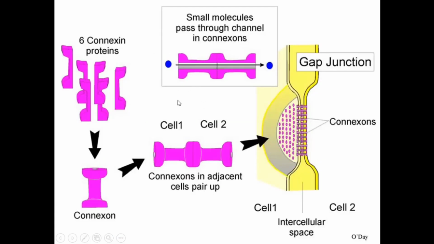Again, you can see in this picture 6 connexins assemble and make a dumbbell-shaped structure, the connexon, and 2 connexons from 2 cells align or pair up and make a channel between the 2 cells, so the small molecules can pass through this channel between the 2 cells. We have this junction also in other tissues, especially between the cardiac muscle cells or the visceral or smooth muscle cells.